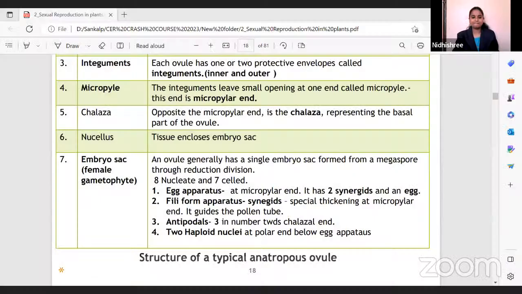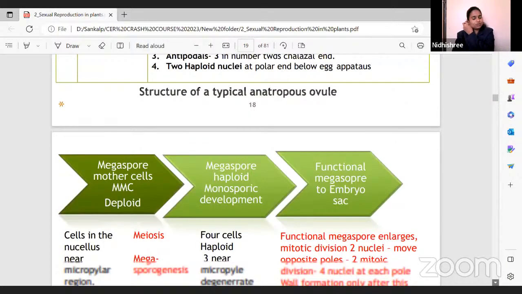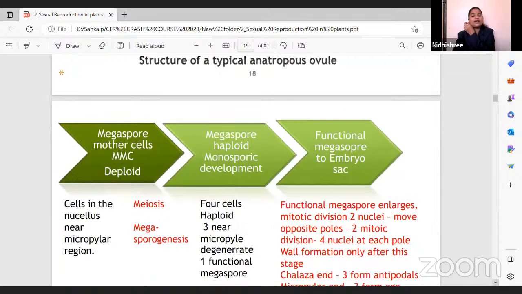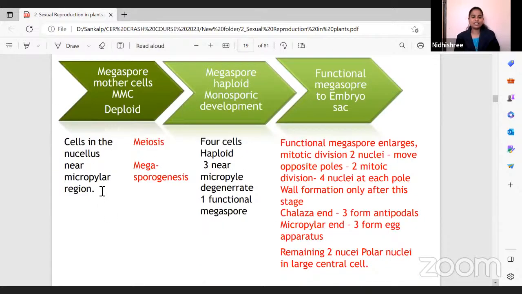Now, let us briefly discuss certain concepts again. The formation of ovum or ova is called megasporogenesis. Cells in the nucellus near the micropylar region undergo meiosis, where four haploid cells will be formed.